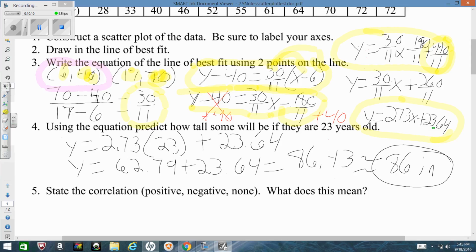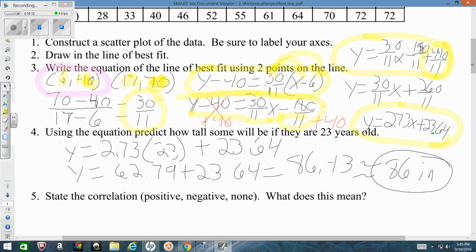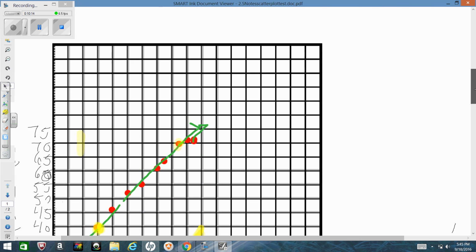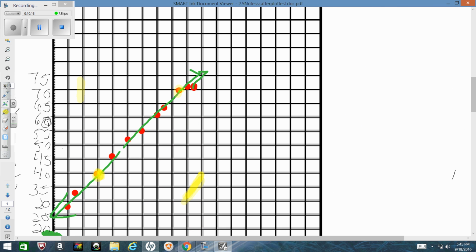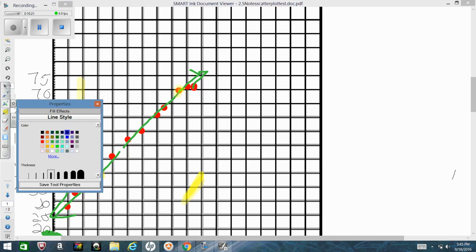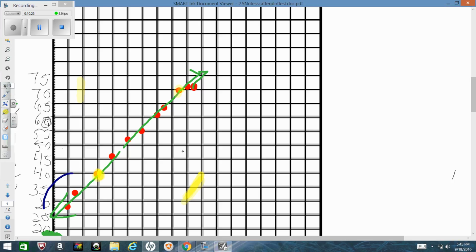Number 5 would be state the correlation, positive, negative, none. What does this mean? Again, if I look at this and flip back over and look at my correlation, it's going up. The data points are fairly close together in my estimation.